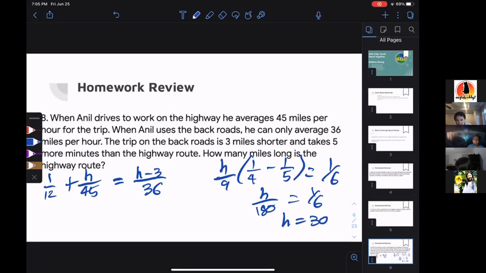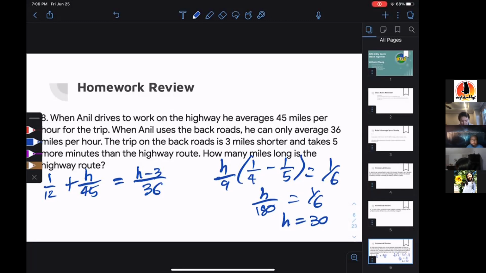For this problem, I think you should always try first, if you see the problem and it doesn't look that bad or ugly, to set the variable as what they're asking you. You should definitely try that. Like in this case, how many miles long is the highway?